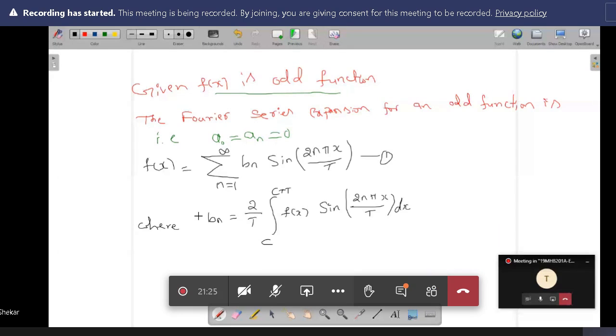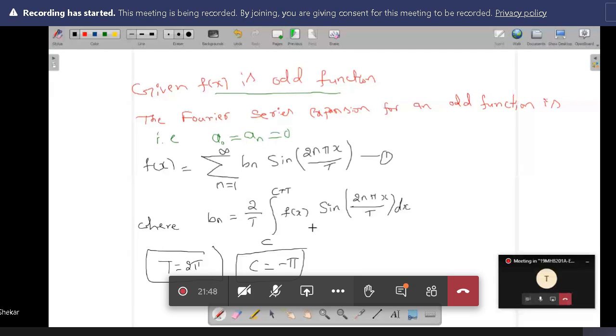Here the function f of x is given, the period is 2 pi, and the c value, the starting value, is minus pi. So substitute, simplify and integrate, and you can easily obtain the required Fourier series.